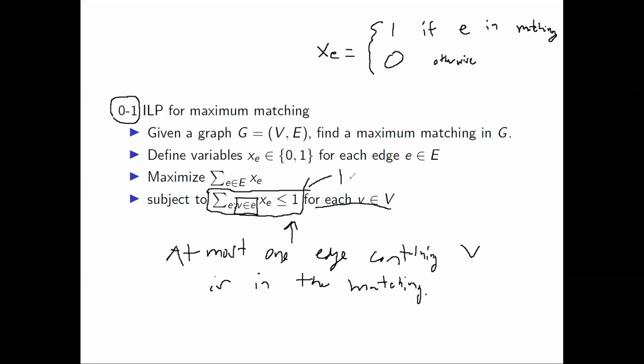So the number of inequalities in these constraints is the cardinality of the vertex set. So that's a 0-1 integer linear program for finding a maximum matching.